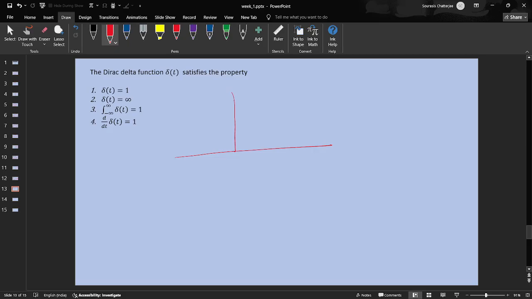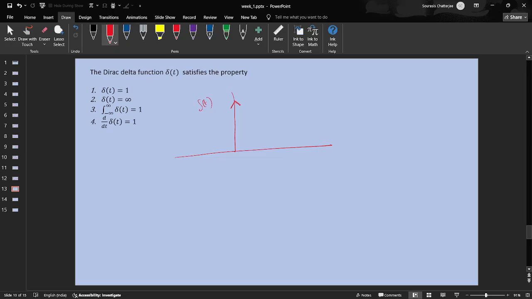Okay, so first of all, if I talk about delta t, where does it really appear? Is that a continuous function, or does it have some fixed value at some fixed point only? It is a unit impulse function. Nice, good. And what is the height really for this Dirac delta?